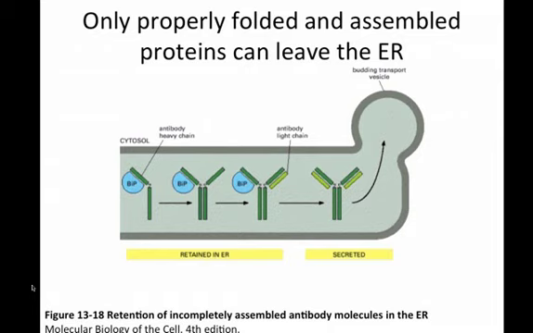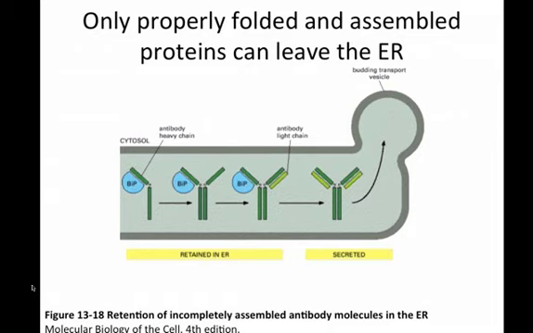And so you've got your chaperones holding onto it. And then here it's not showing calnexin and calreticulin, but they are what are going to keep the protein in the ER until it's assembled into a full antibody, which then will be incorporated into a vesicle and will bud off of the ER, go to the Golgi, and then go to the plasma membrane and be secreted out of the cell.